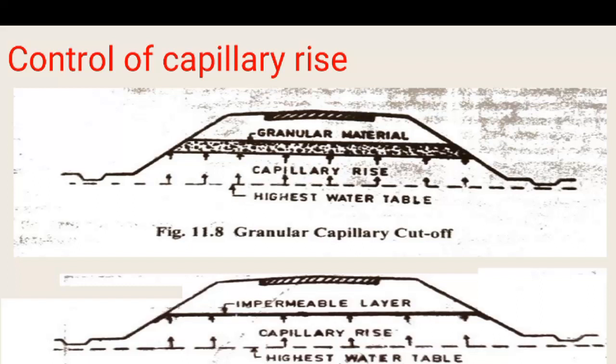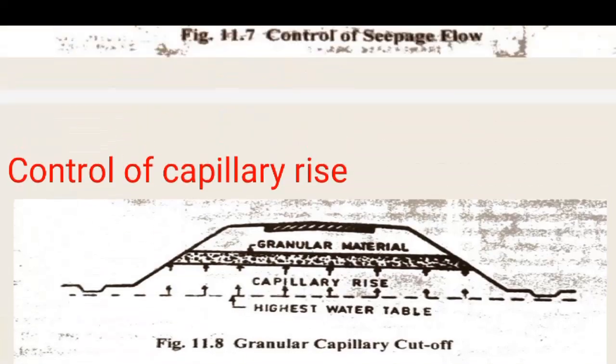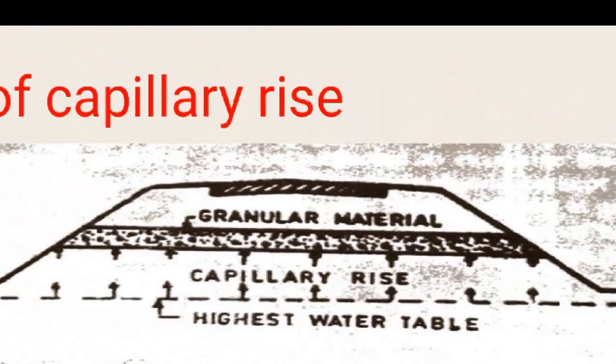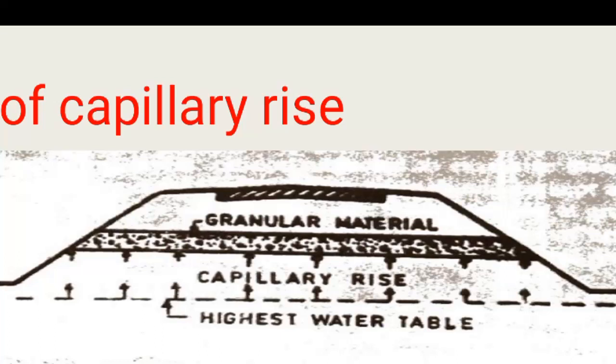In granular capillary cutoff, a layer of granular material of suitable thickness is provided during the construction of embankment between the subgrade and the highest level of subsurface water table. Here you can see in the diagram.